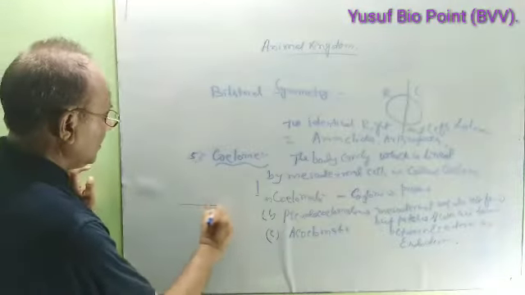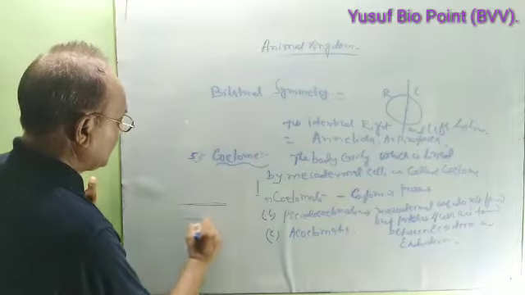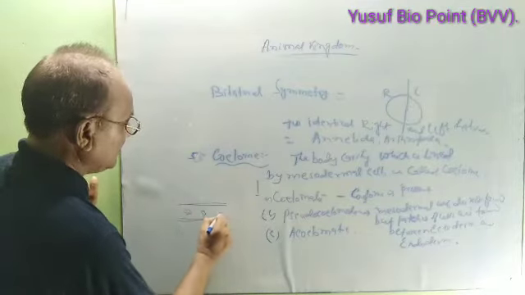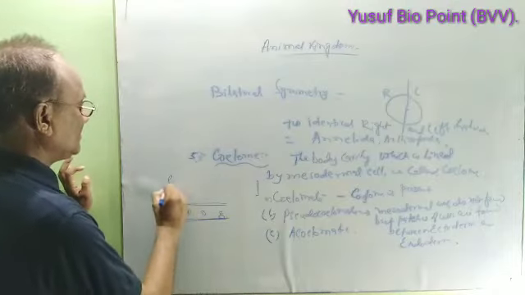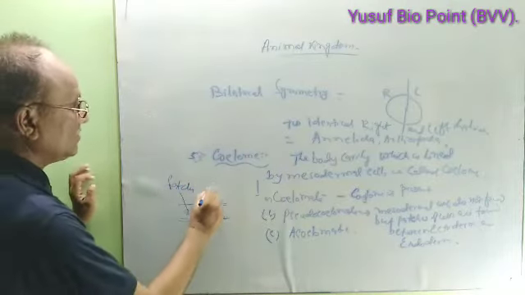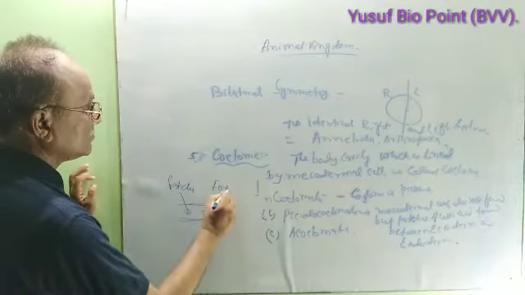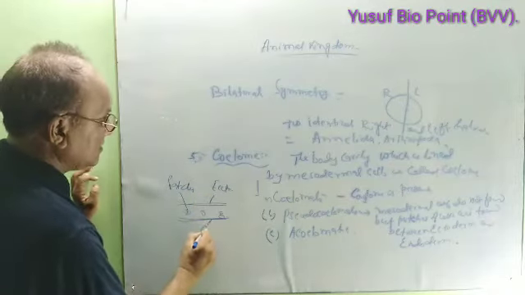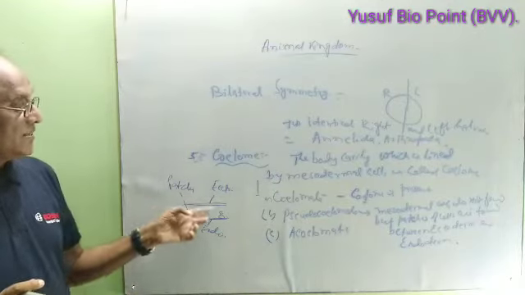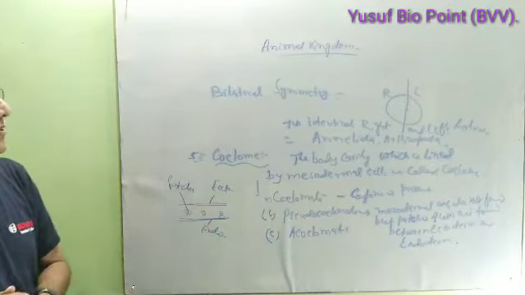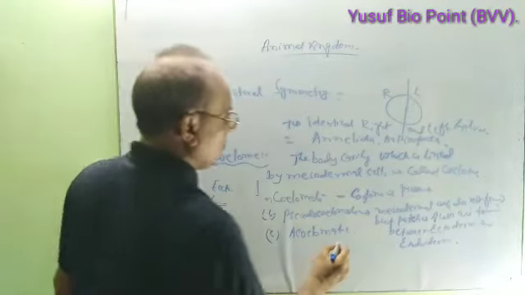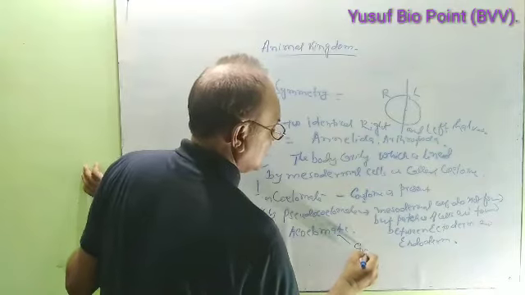Suppose this is the ectoderm and this is the endoderm; in between, patches are found, like this. So that is called pseudocoelomate, and acoelomate means coelom is absent.